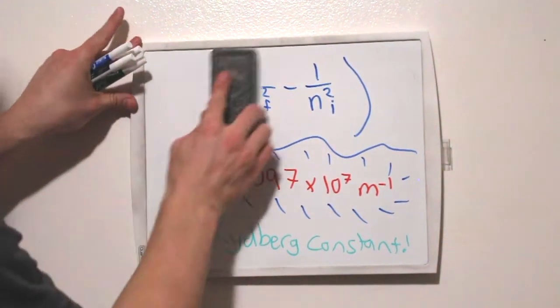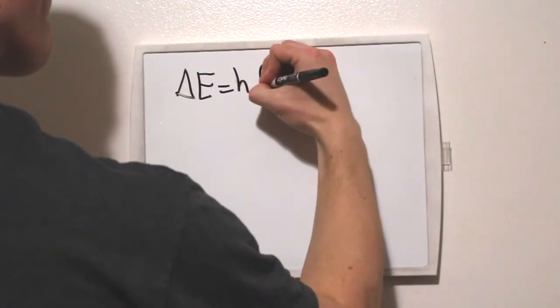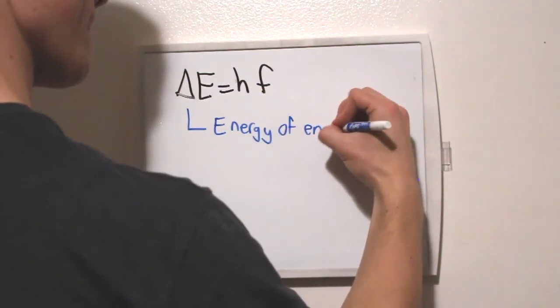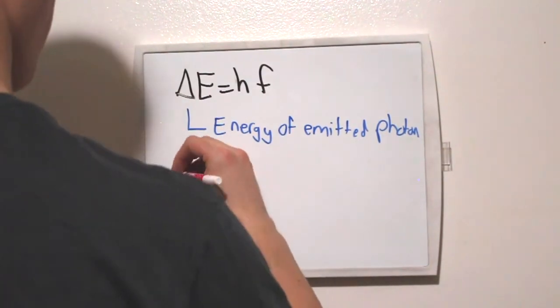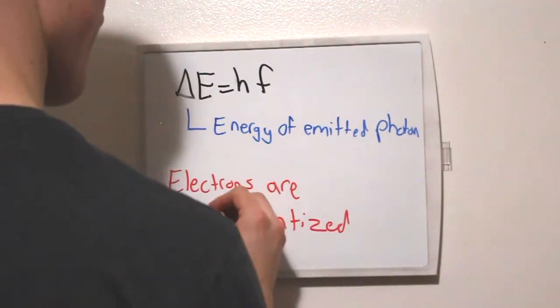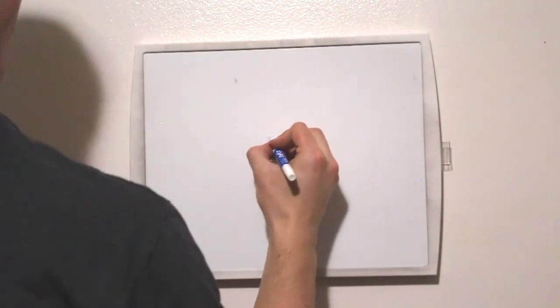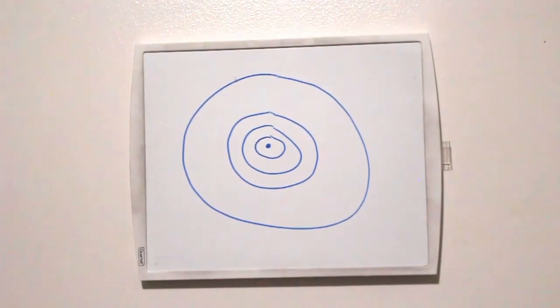And he derived the correlation of the change in energy equaling hf, which is the energy of the absorbed or emitted photon. The idea here is that an electron lived in a certain orbit, and that orbit had a specific energy, and that each of the subsequent orbits had different energy levels.